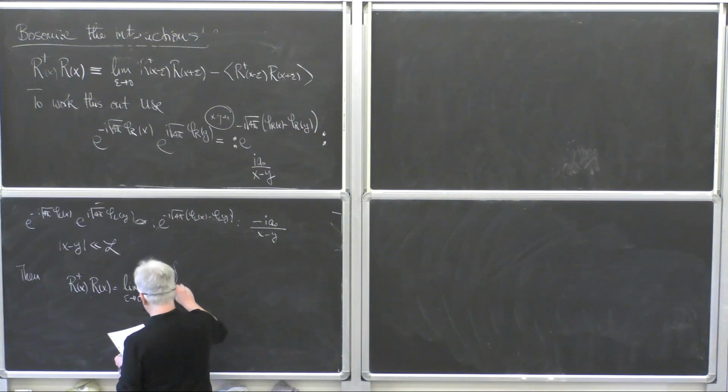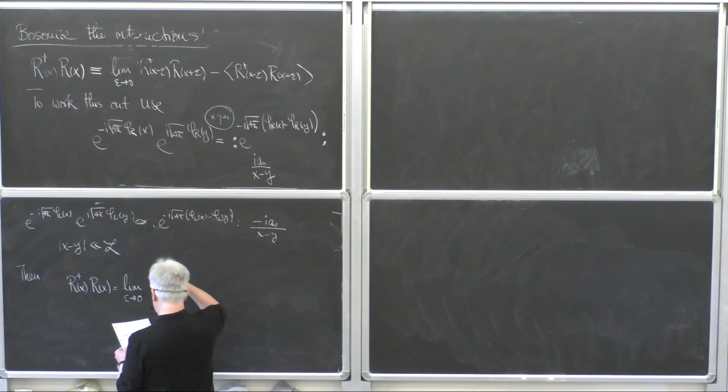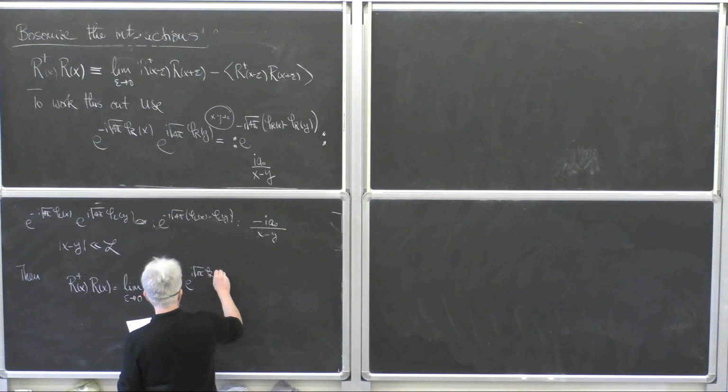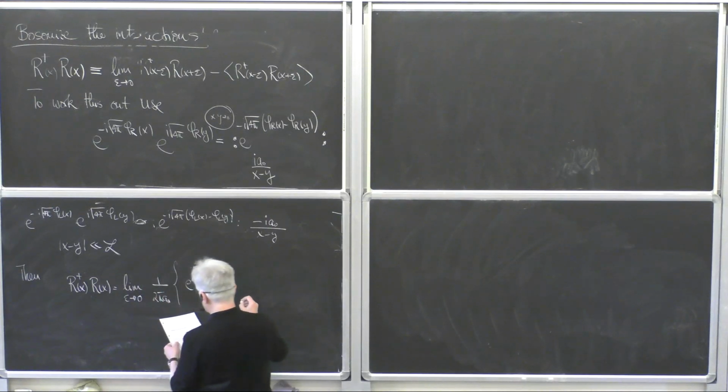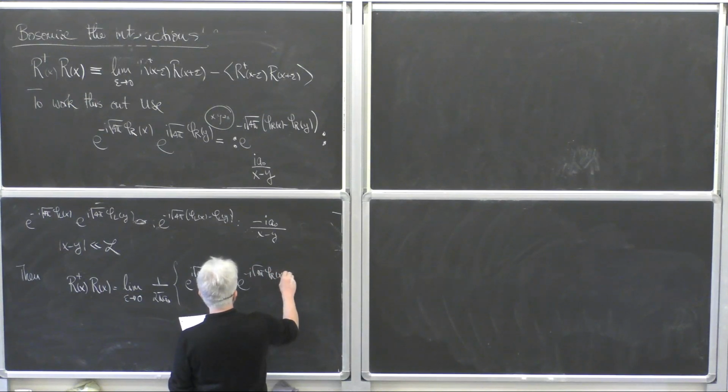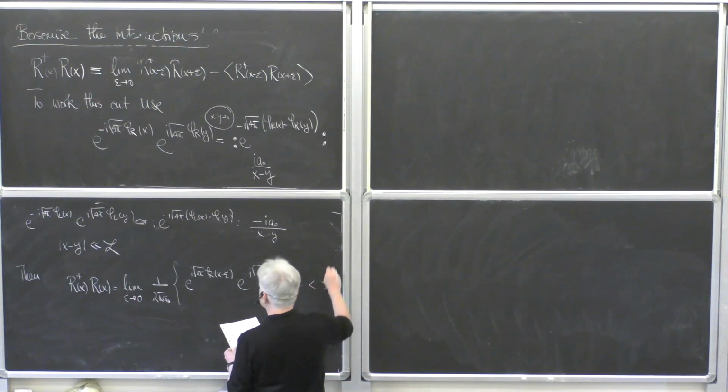And then here I get e to the i square root of 4 pi phi right of x minus epsilon, e to the minus i square root of 4 pi phi right x plus epsilon, minus the expectation value.